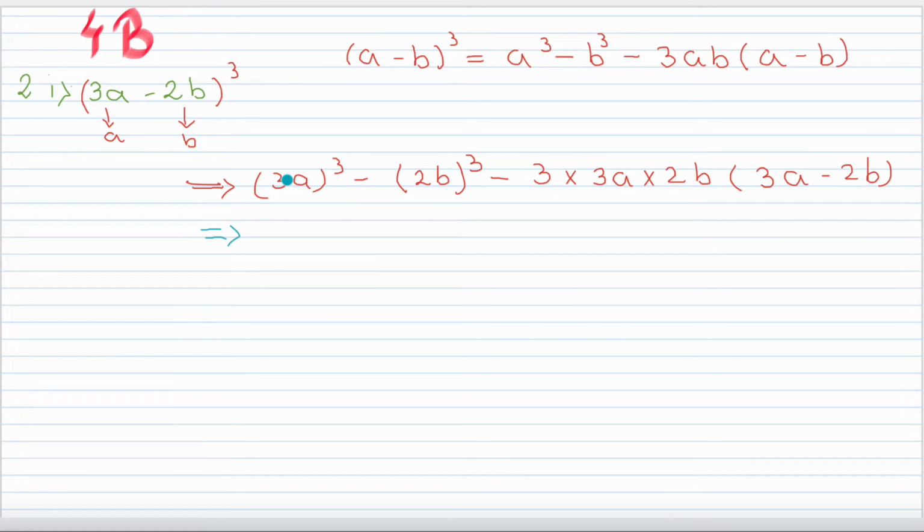That means you have to write 27 a cube minus 2 2s are 4, 4 2s are 8.